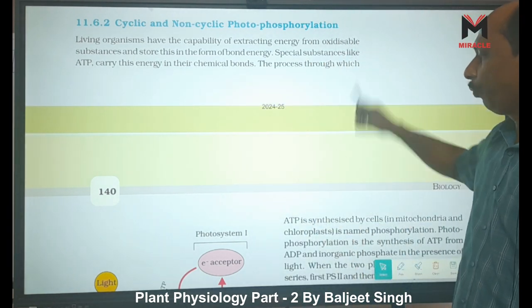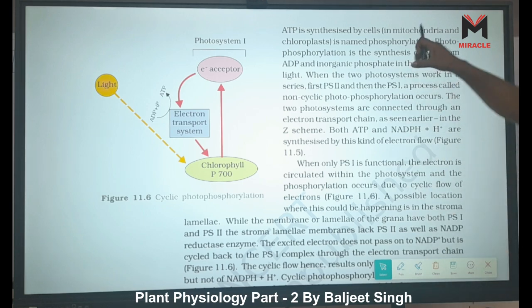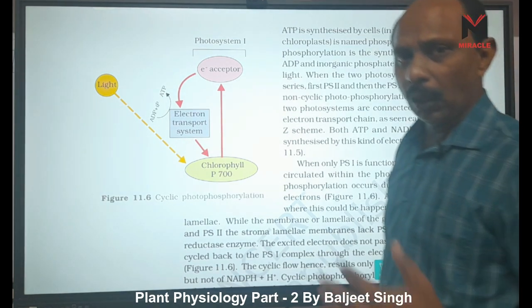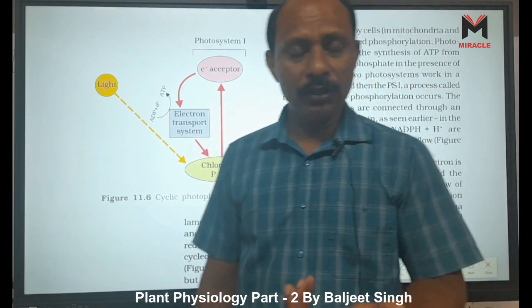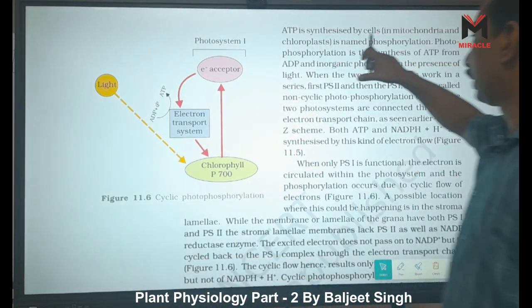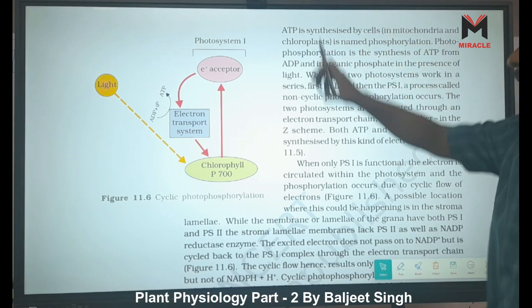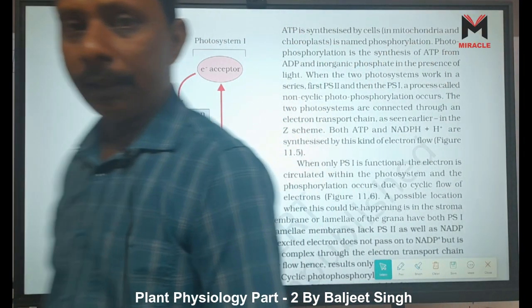The process through which ATP is synthesized by the cell, either in mitochondria or in chloroplast. We have two organelles in which they can synthesize ATP.